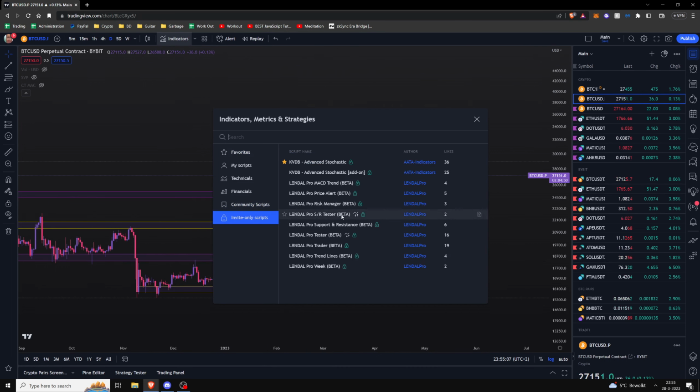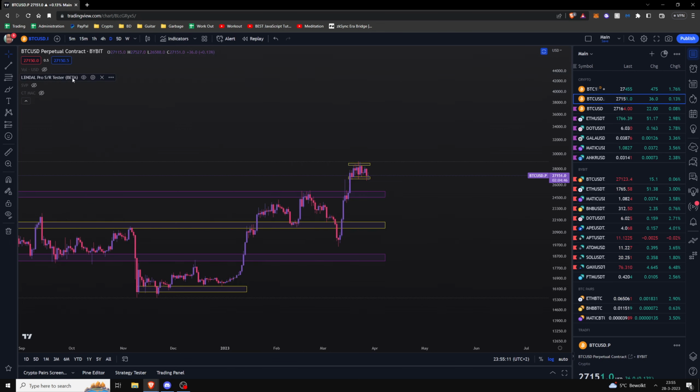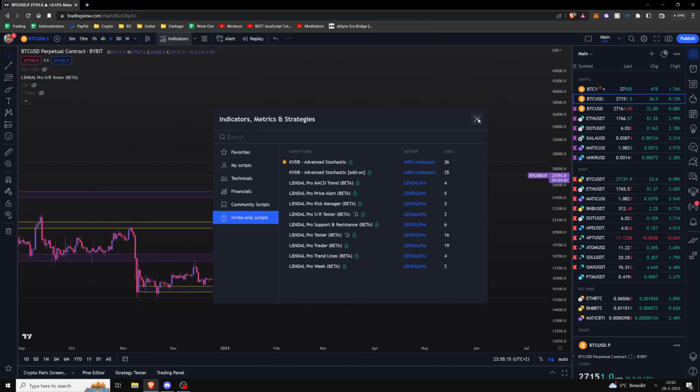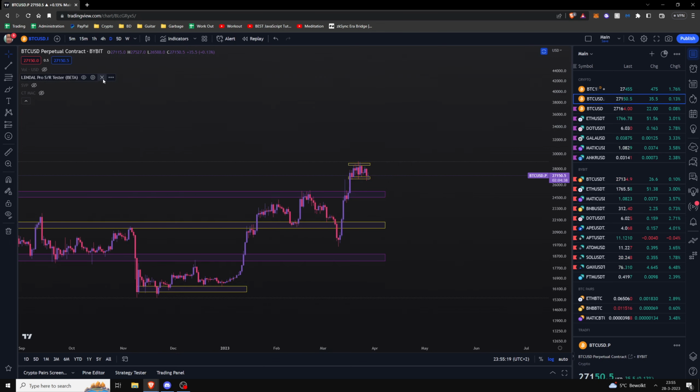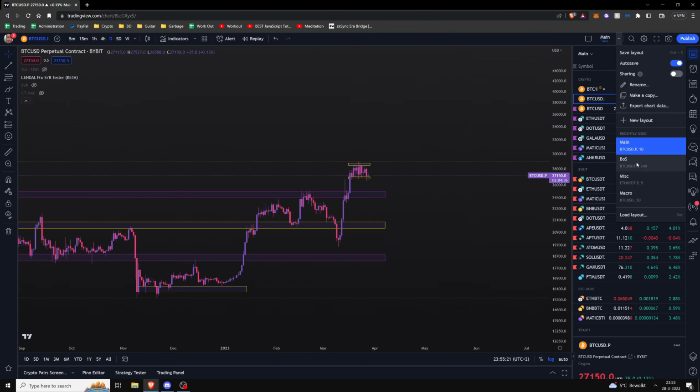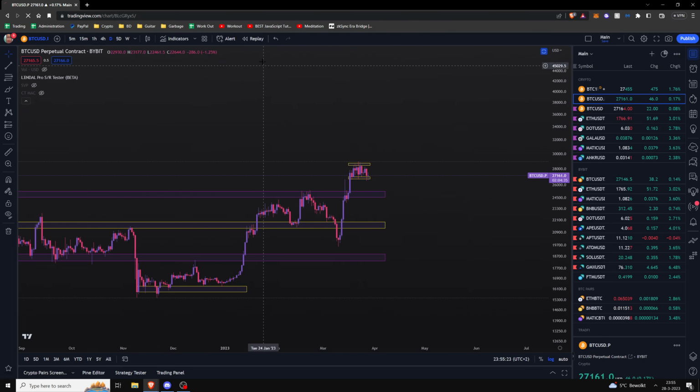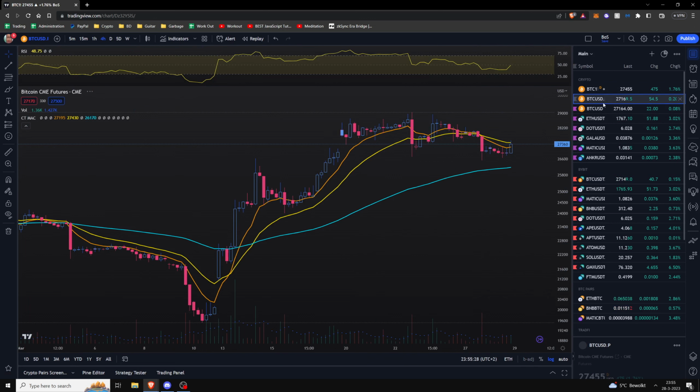backtesting. So if I were to go to Lendal Pro, that's the SR. That's not the one I wanted. If I go, god damn it. TradingView being laggy. I broke it. Let me just go like that. I can probably grab it. And get off that.